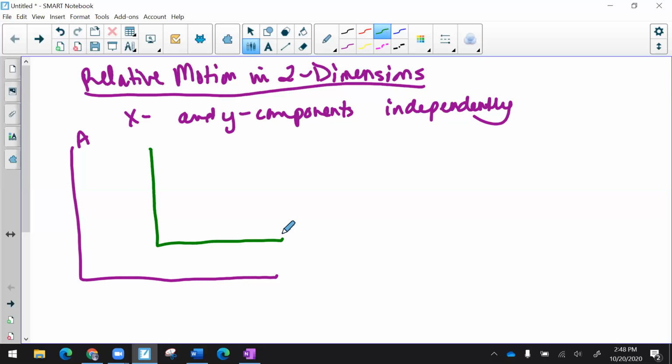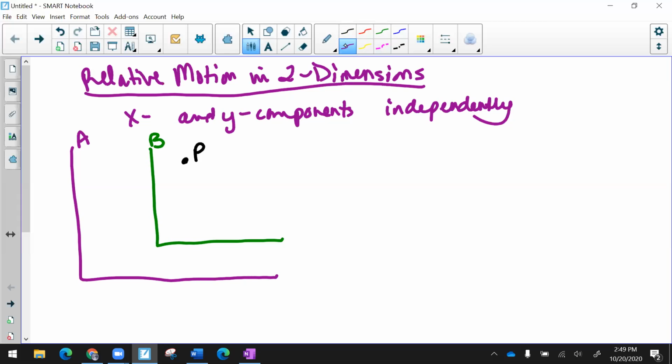And then I'm going to consider my reference frame B. And I'm going to be concerned about an object at some point P. And just like when we went to two-dimensional motion, we replaced all of our X's with R's because that was the position vector.